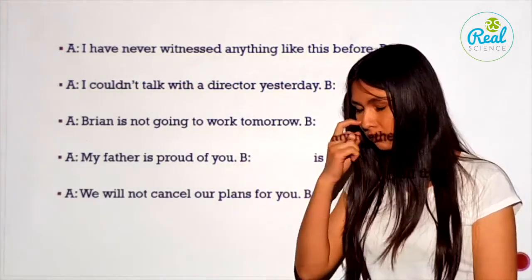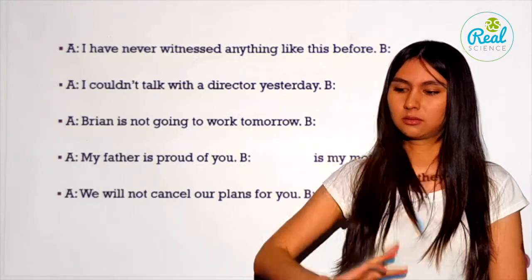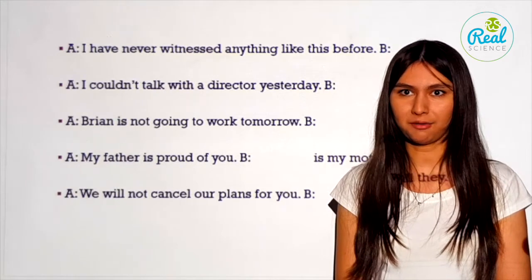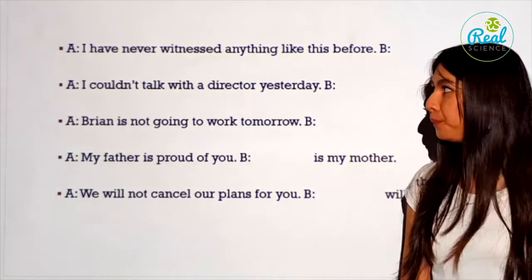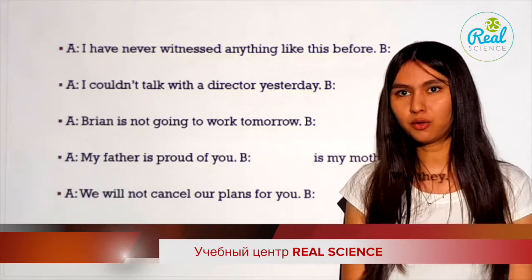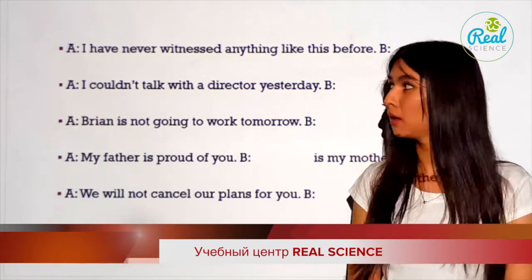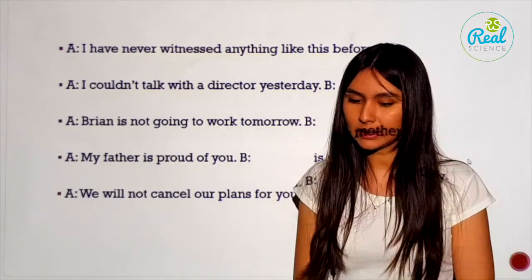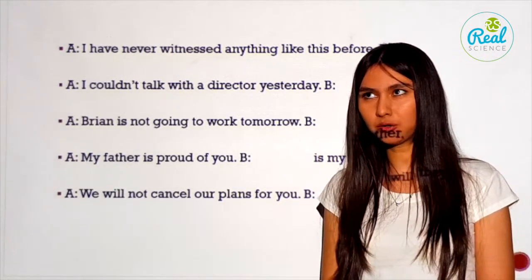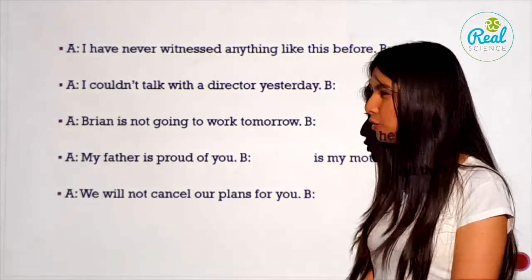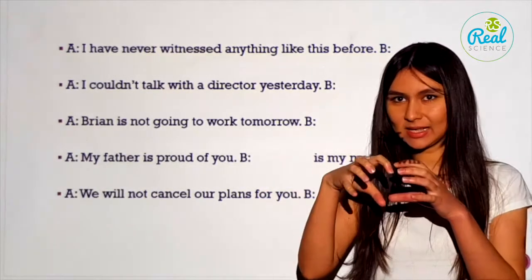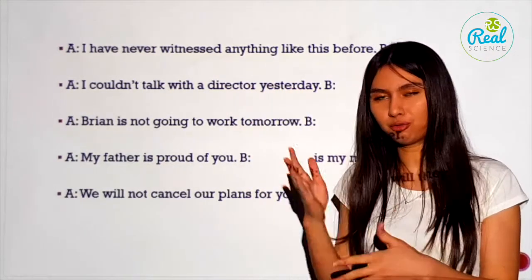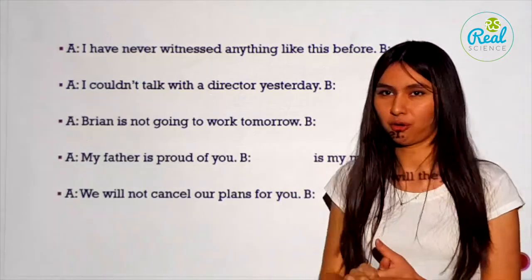It will be nor have I, or neither have I. Neither or nor, it doesn't matter. Here, look: it is similar to a negative sentence, but here we don't actually see a negative auxiliary verb. If there were a negative auxiliary verb, in that case you could change it. But now it should be "so".